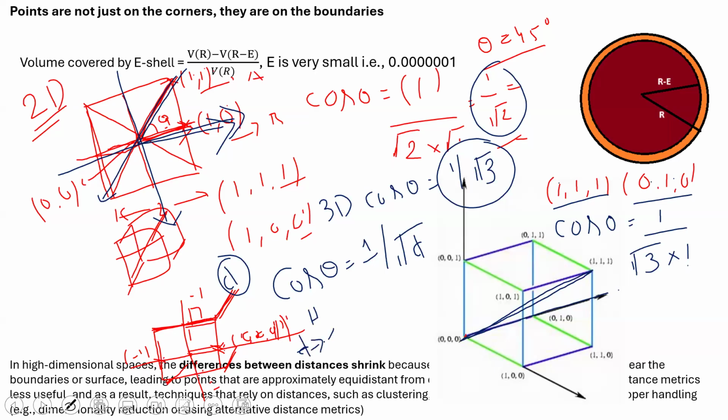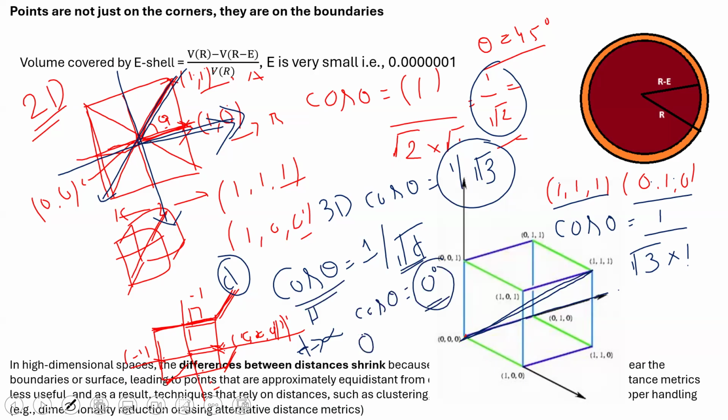What does this cos theta become? Cos theta becomes 0. When d is, say, 1 lakh, it is 1 by root of 1 lakh, which is 0.00001 times 1. So it is approaching close to 0. Right? So cos theta is approaching 0, not exactly 0, but approaching 0.